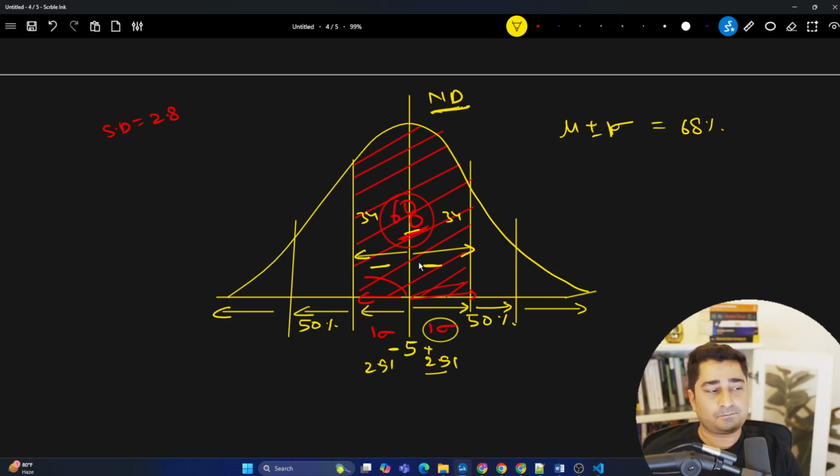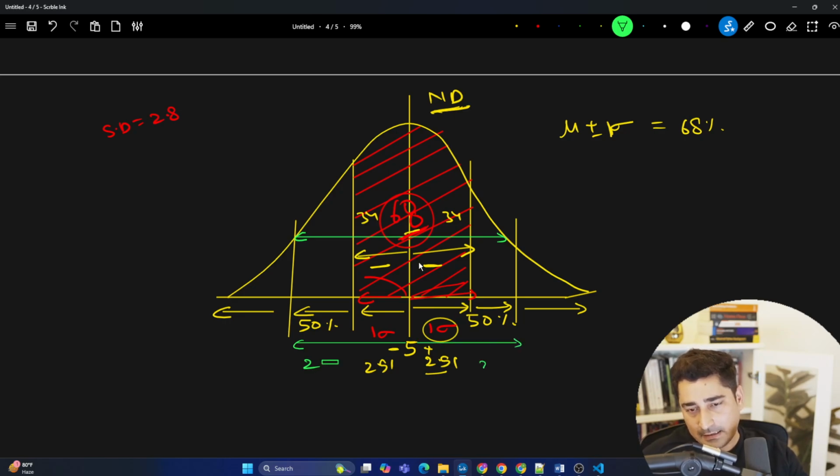Then the second point is almost, I would say, 95% of the data will fall under two standard deviations. This side combined and this side combined, right? 95% of the data.